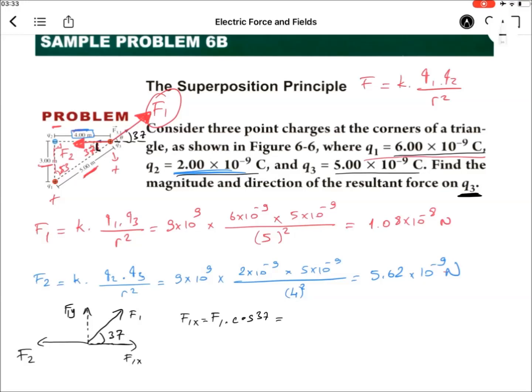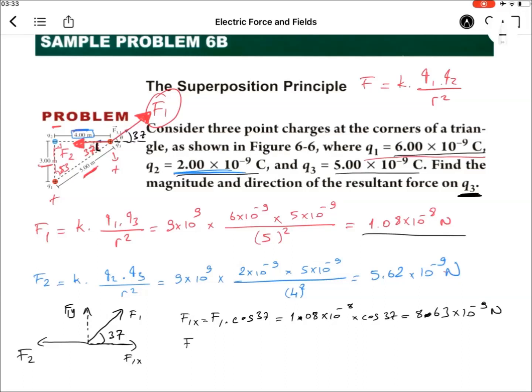F1 is 1.08 times 10 to negative 8 times cosine 37. So that is equal to 8.63 times 10 to negative 9 Newton.